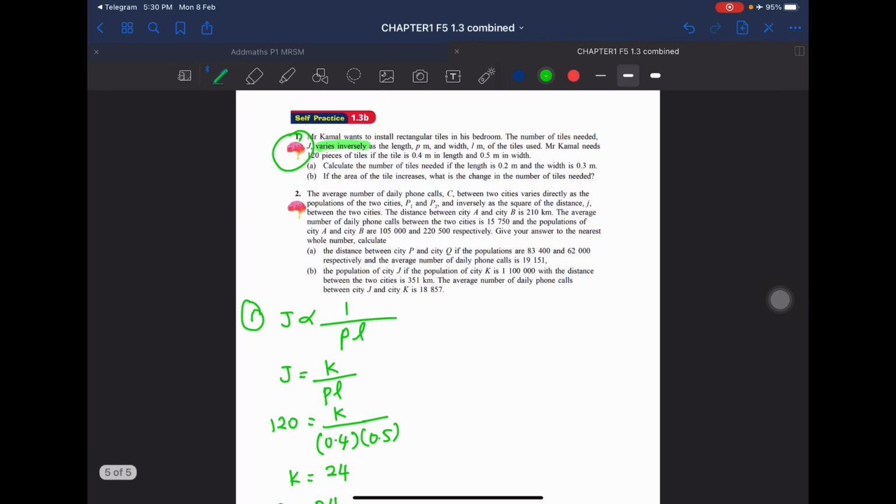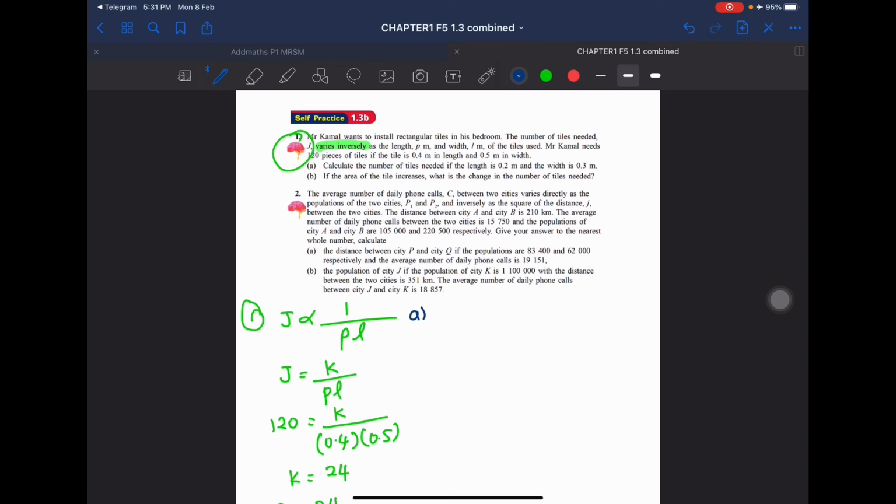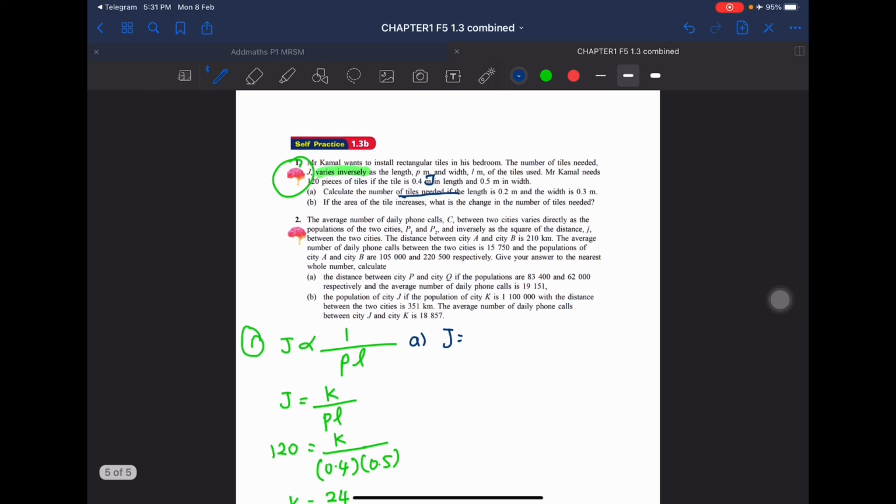Next, A. Calculate the number of tiles needed. Tiles needed is J. If the length is 0.2 and the width is 0.3. So just substitute back the value. You have J equals 24 over PL, so you need to find the value of J when P equals 0.2, L equals 0.3.